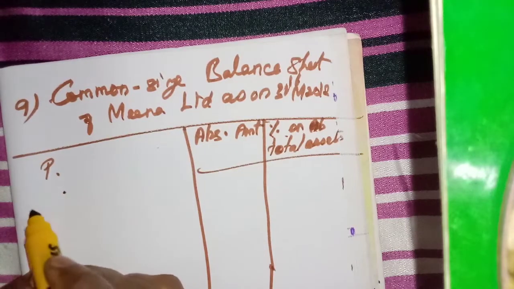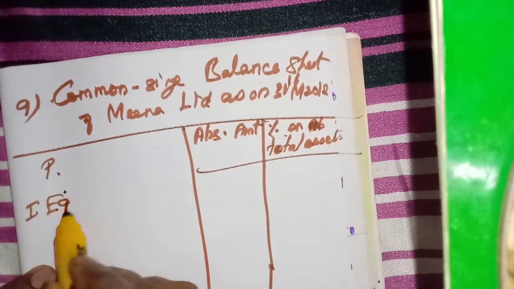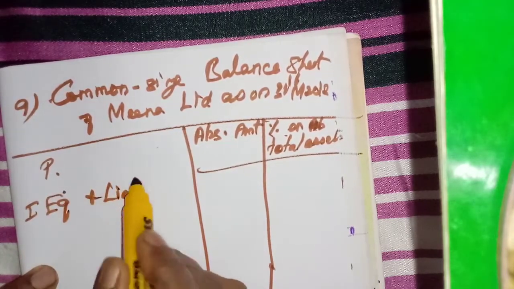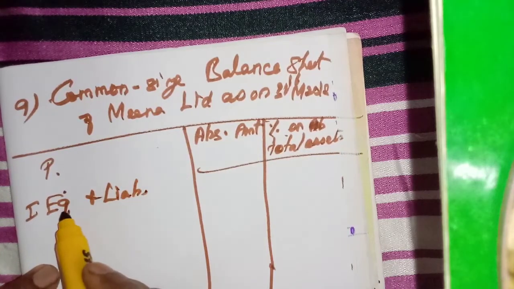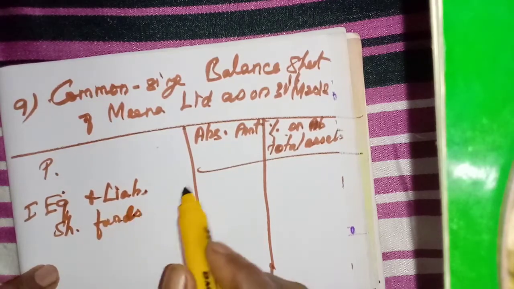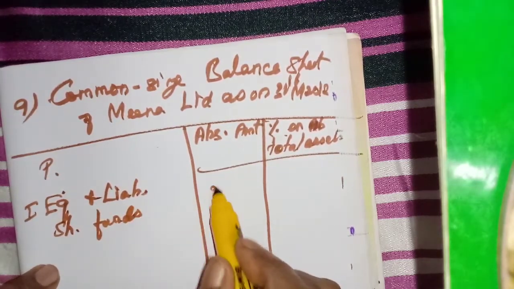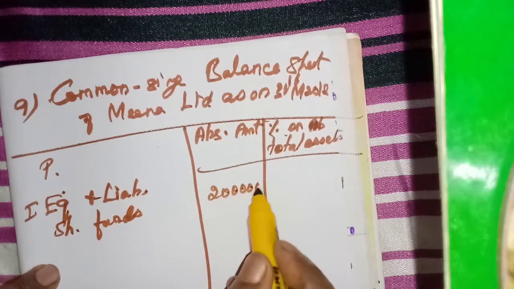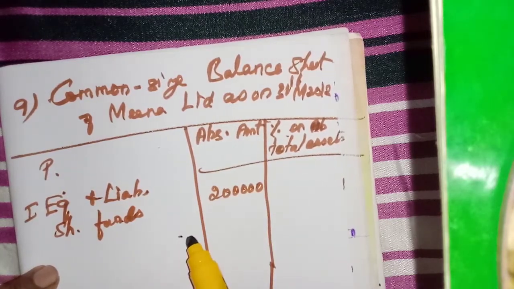Okay, here we will write, we have to write fully. Okay, what is given? Roman number 1, equity and liabilities, right? Then shareholders funds, you have to write fully. Okay, 2 lakh, 2 lakh here.